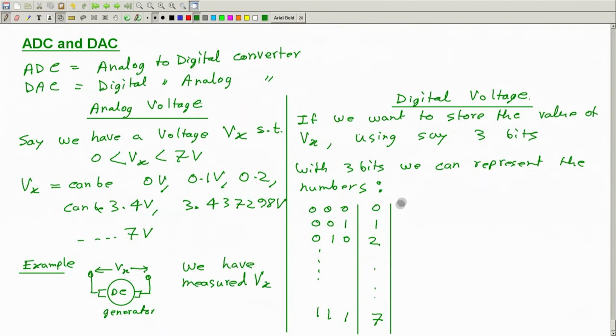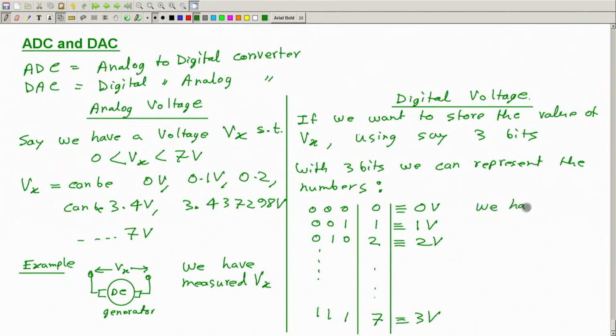Now suppose we decide that a value of 1 will represent 1 volt. So this value is equivalent to 0 volt, this value is equivalent to 1 volt, this value is equivalent to 2 volt, and this value is equivalent to 3 volt.